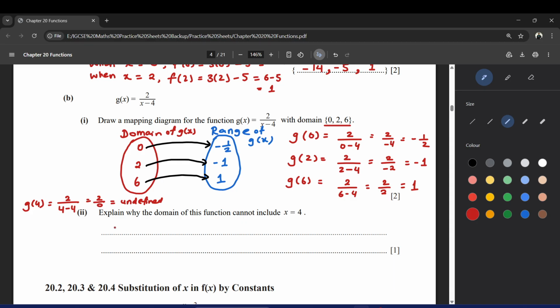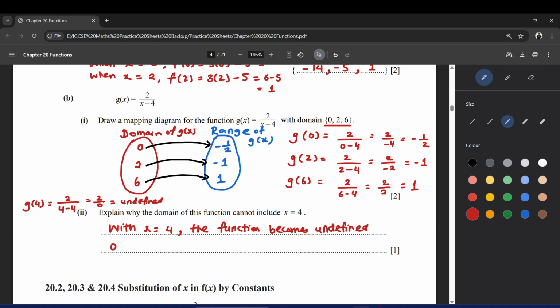So therefore, we're going to say that with x equal to 4, the function becomes undefined.